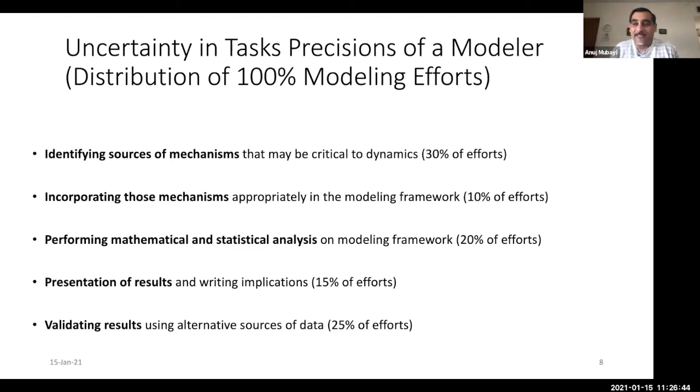But to me, mathematical analysis has no meaning if you do not do a good job in the starting and in the end. Starting means real life to mathematical equations, and the end is results to implications, what it means. Those three parts together are very, very critical, and that's what makes a good modeler.